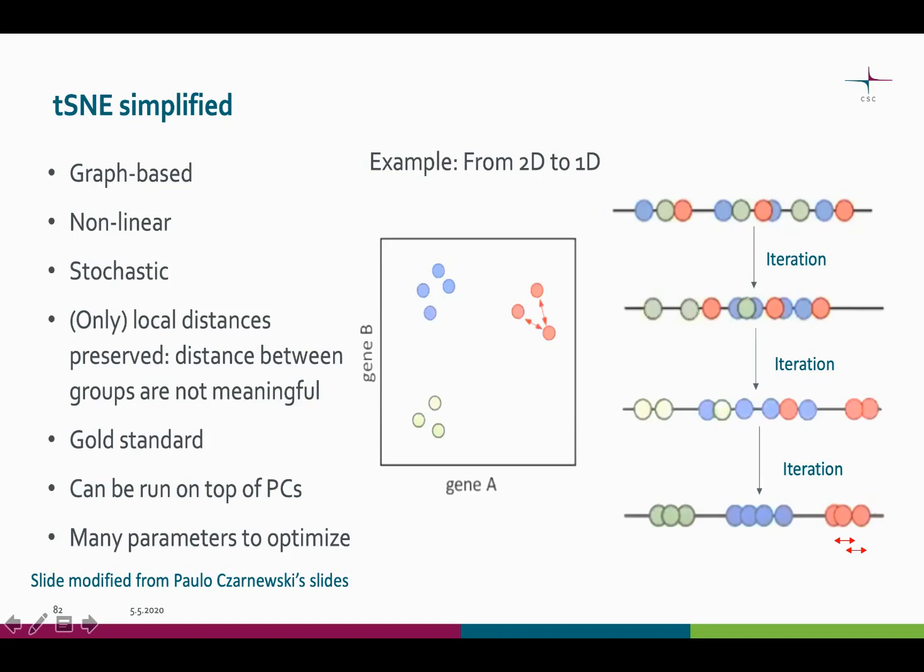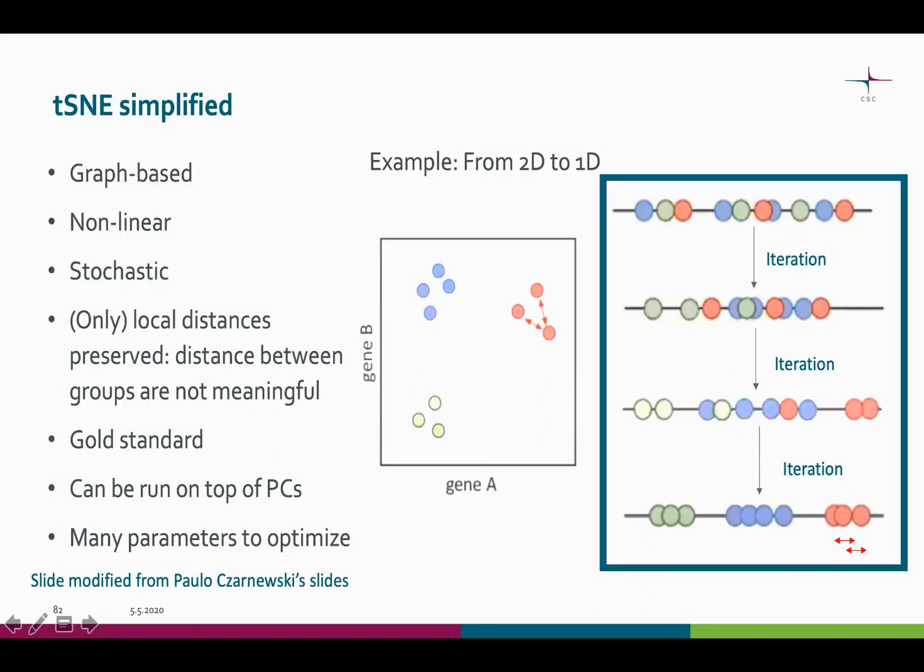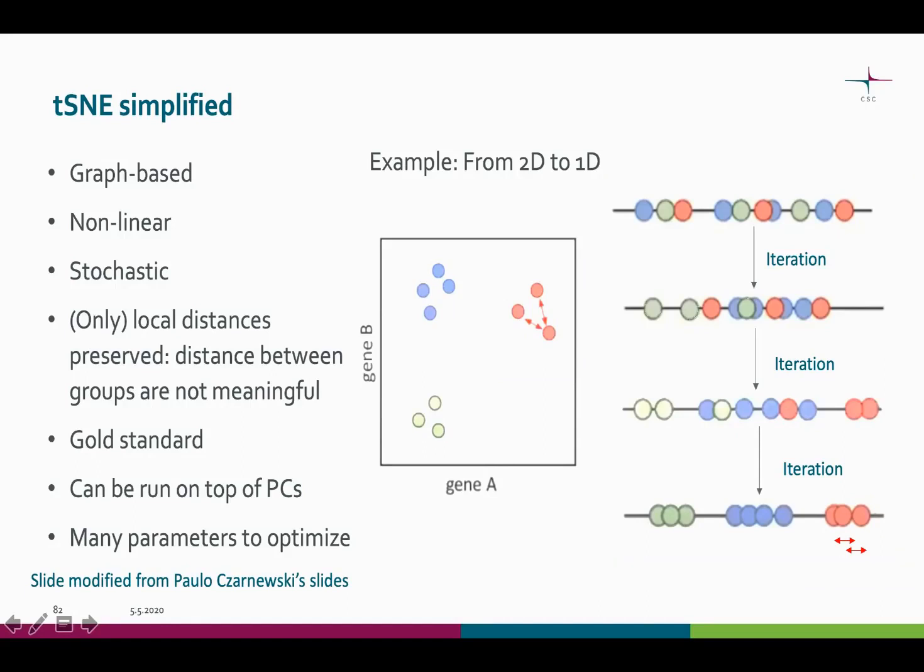So basically, we're looking at the distances between the different dots here and here. And throughout iteration rounds, we try to make the data so that the local distances here are preserved, so they are similar to the distances here. Remember that the global distance, so the distance between the green and red group, doesn't mean that much, but the distance within the group is meaningful.